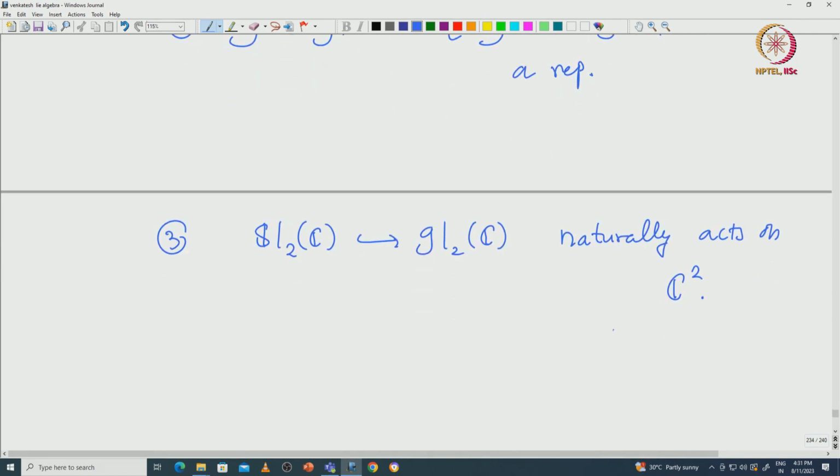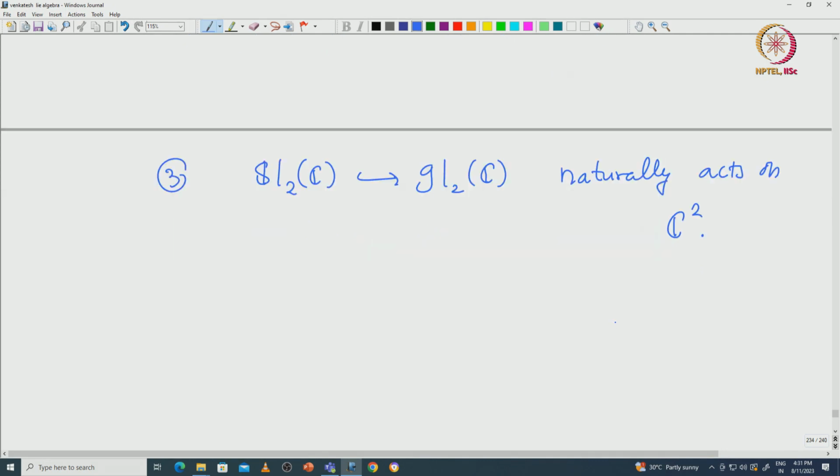That is the meaning of this. We will later see many interesting representations, but in this lecture I will just introduce the terminologies.